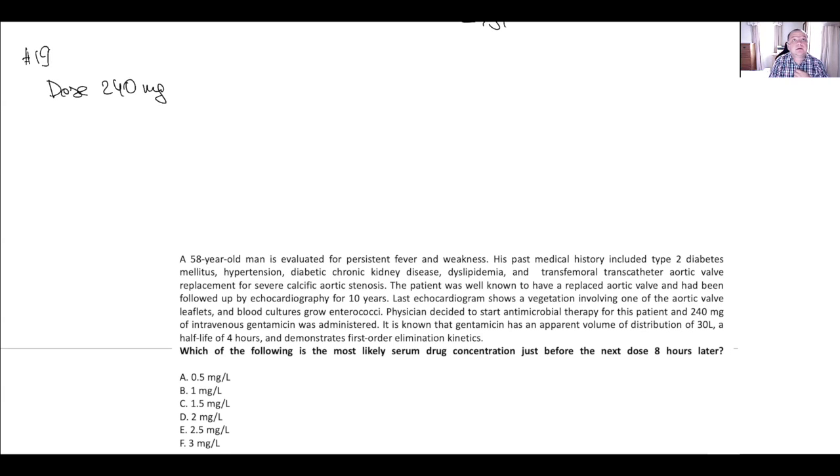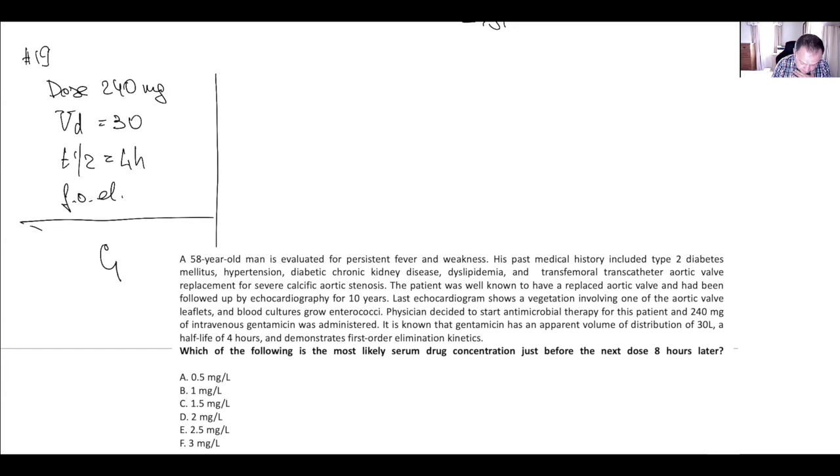So we have 240 milligrams, volume of distribution 30, half-life 4 hours, first order elimination, and the serum drug concentration just before the next dose 8 hours later. We are looking for plasma concentration in 8 hours. We can use the volume of distribution equation, dose over plasma concentration, and we need to find the plasma concentration.